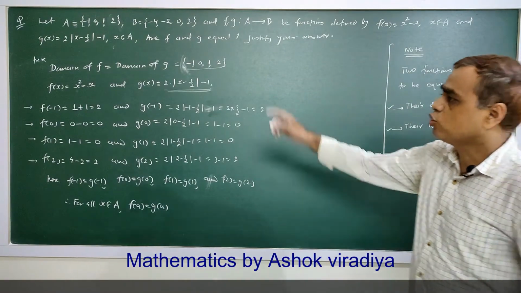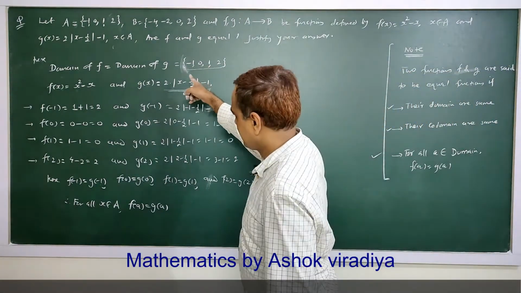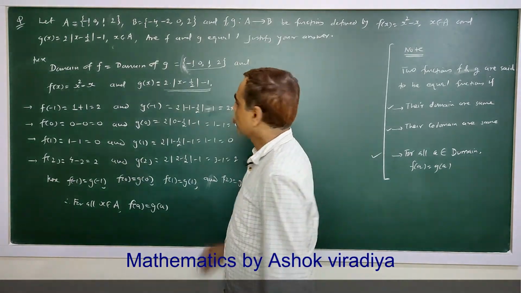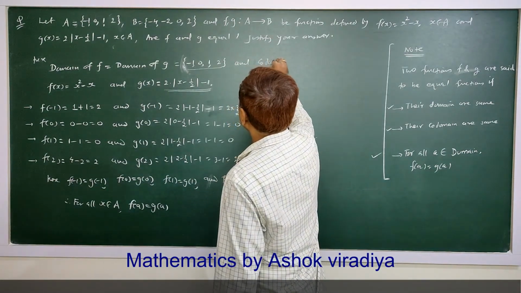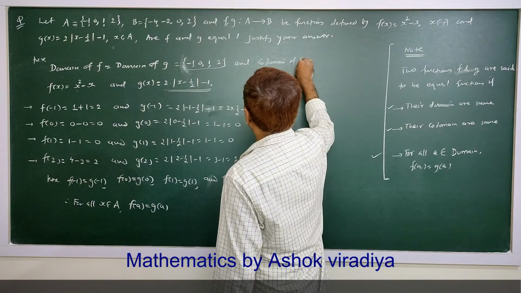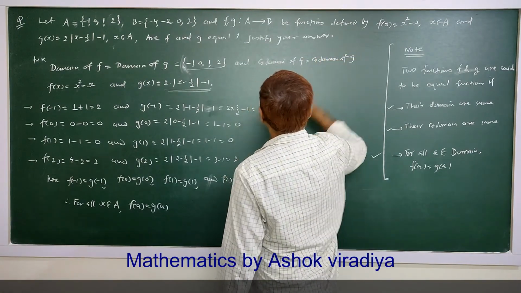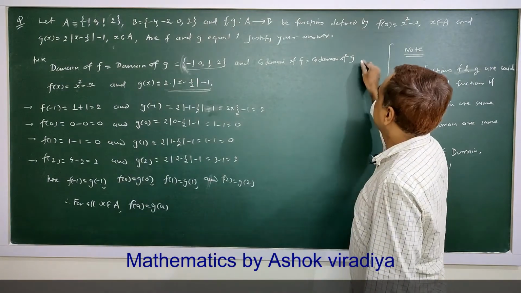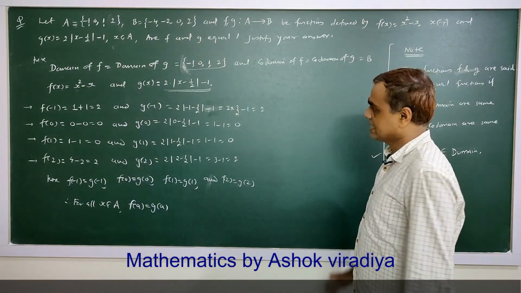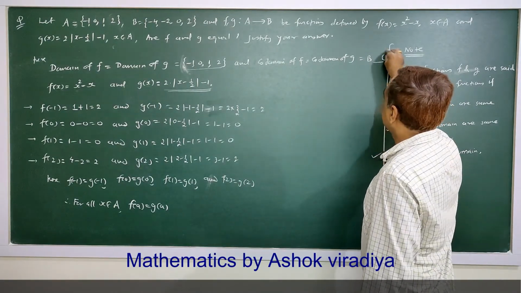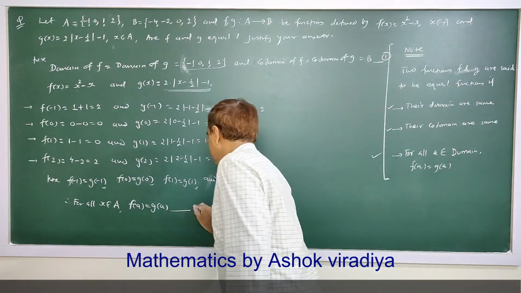So here the domains are the same, and the codomain of f is equal to the codomain of g. The codomain is also B. So domains are the same, codomains are the same, and this is satisfied.